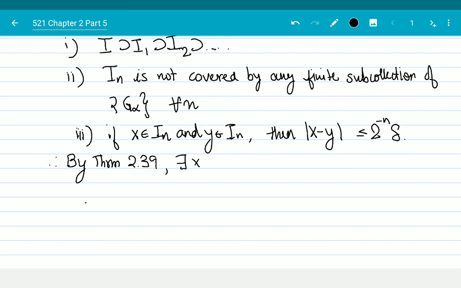There exists x star belonging to IN, x star such that x star belongs to IN for every n, right? Well, that is one point.